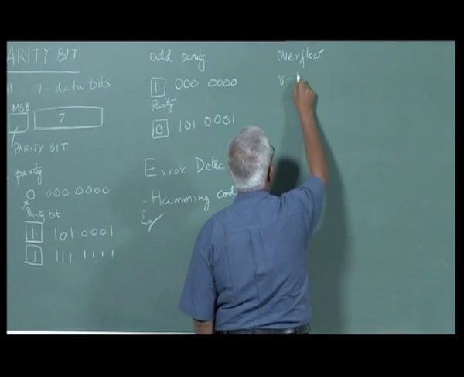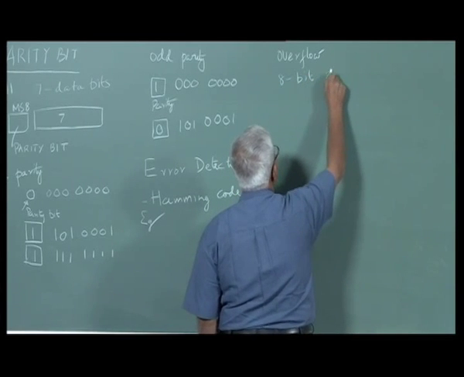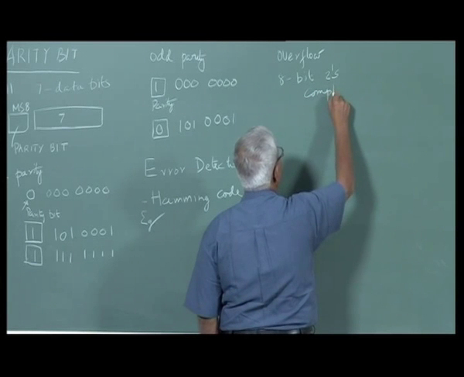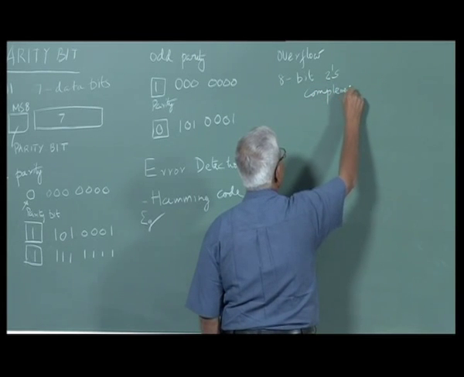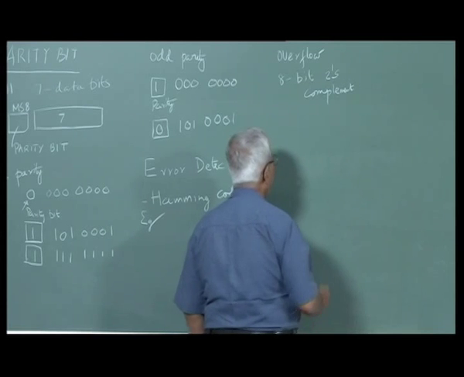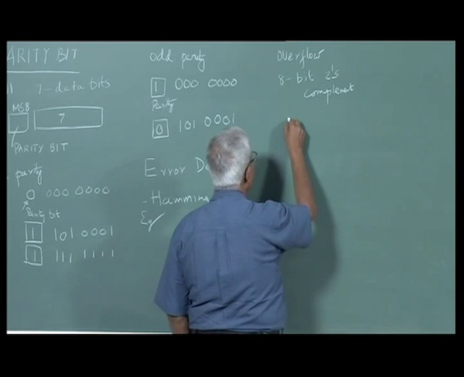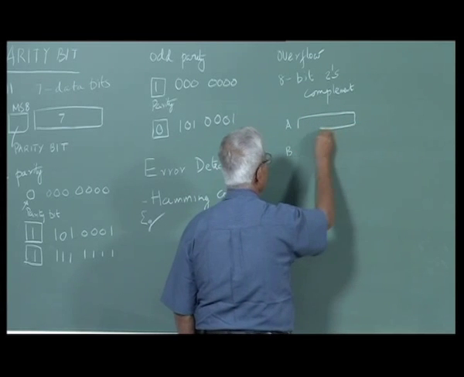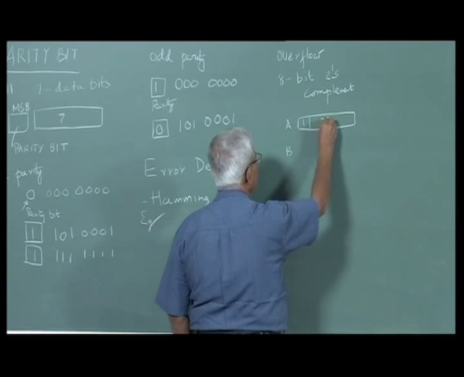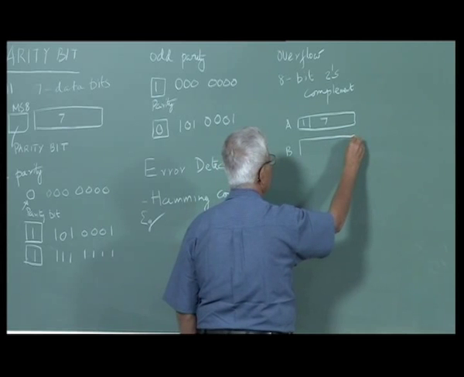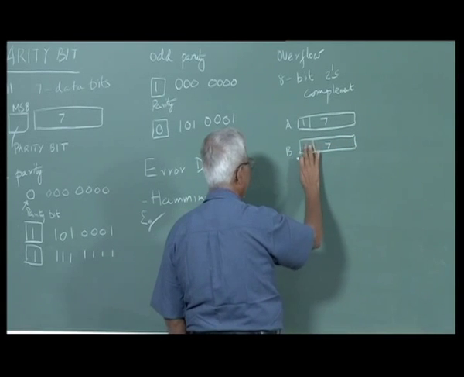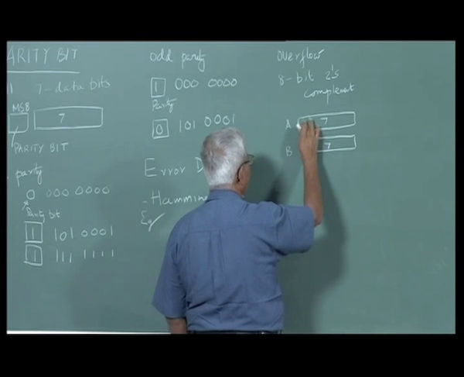In an eight-bit system, I have A and B as 8 bits. The leading bit is the sign bit, because 1 means a negative number.